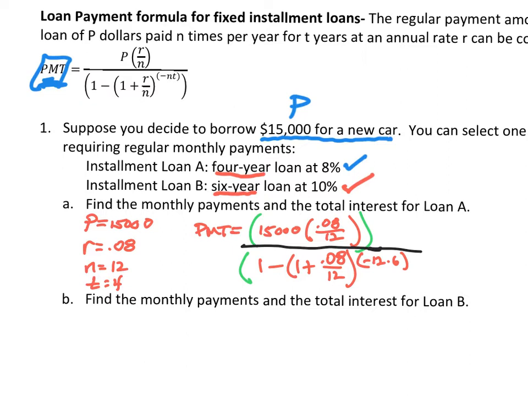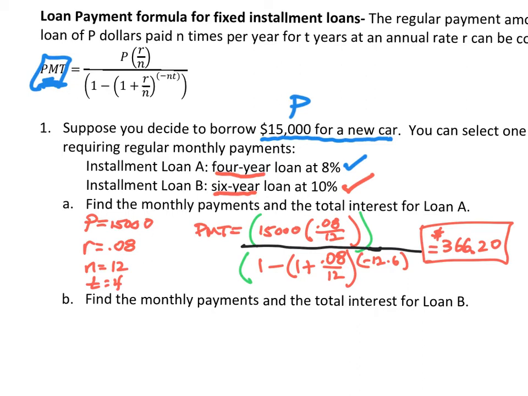I would definitely try to practice entering that into your calculator to make sure you get the correct answer. And the answer is $366.20 for a $15,000 loan paid off in 4 years.